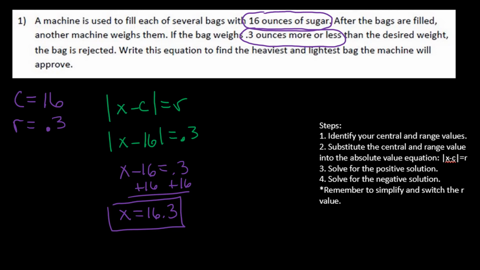Well, you want to remember we have to solve for the negative case. And to do that negative case, you need to apply the KISS method. So with that KISS method, we take the absolute value of x minus 16 equals 0.3. We keep the absolute value the way it is, so we say x minus 16.